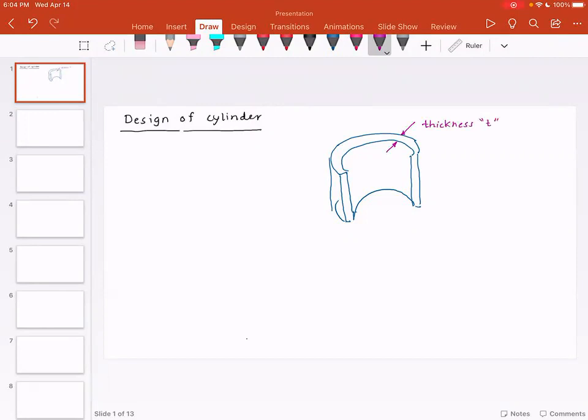Which is T. Now, if you look at design of the thickness, you are going to have two types of stresses. And I want to give you a simple example. Think about you have a Coke can. So this is a Coke can, okay? And I don't know if you have done this exercise, but for some reason, you keep this Coke can in a freezer, next to all these ice cubes.